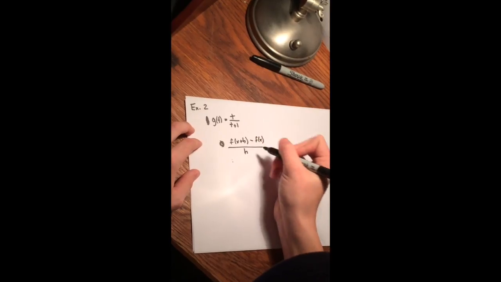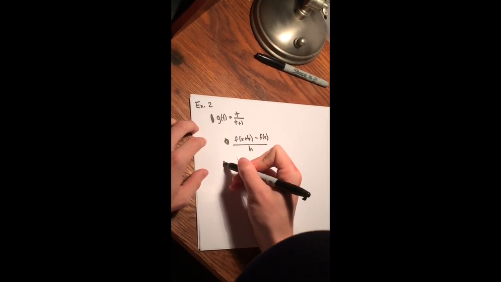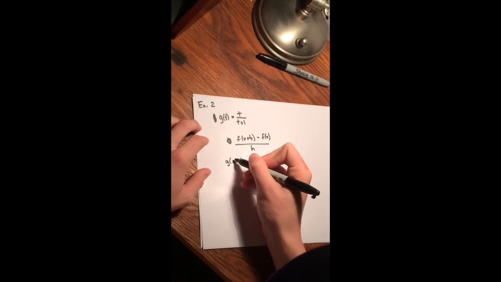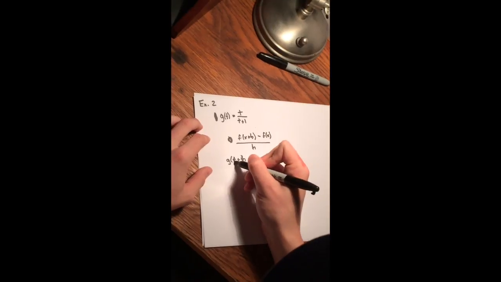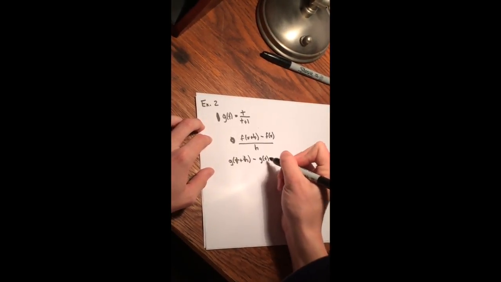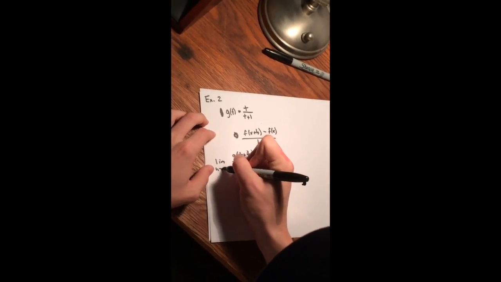Here we're just going to simply substitute numbers. So this will become g of t plus h, excuse me, minus g of t all over h. And this is still as h approaches 0.